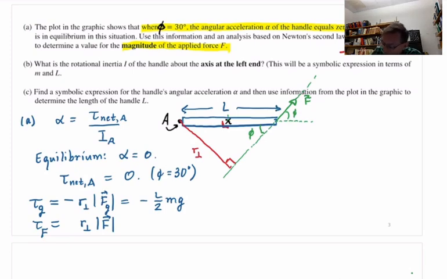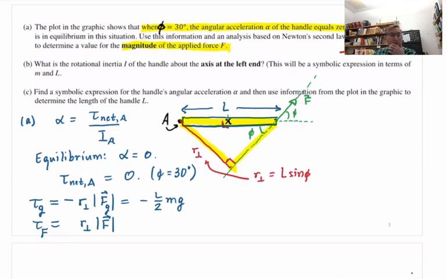Now I want you to look at this right triangle. The hypotenuse is L, there's an acute angle phi, and the moment arm is opposite to phi. So I should be able to deduce, in this case, that R perp, the moment arm for the applied force, is L sine phi.